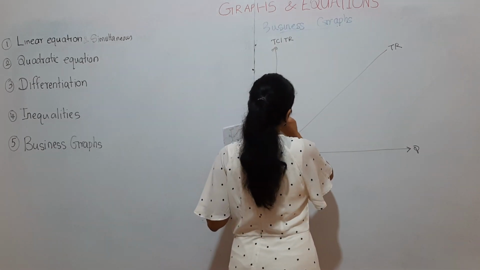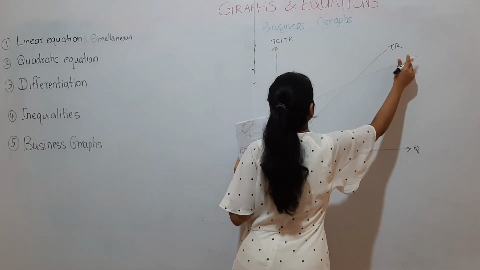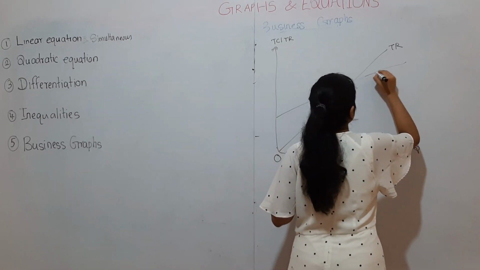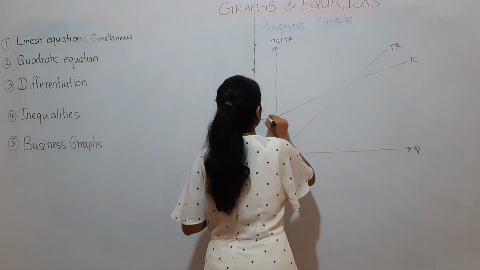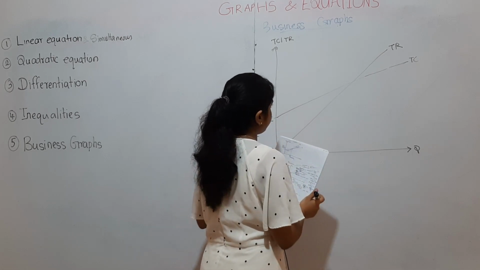And total cost, when the gradient is fixed, will go this way like a straight line, where it has the fixed cost.